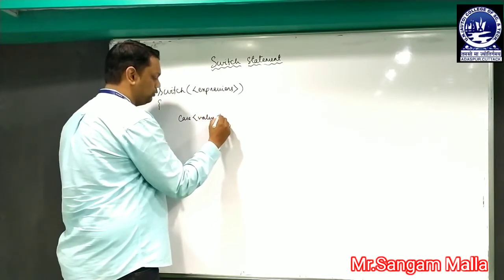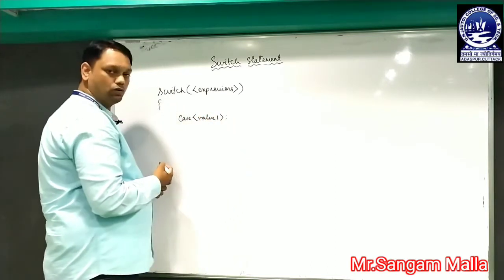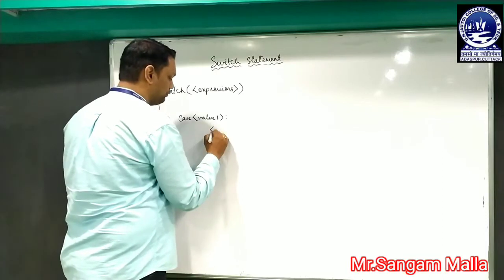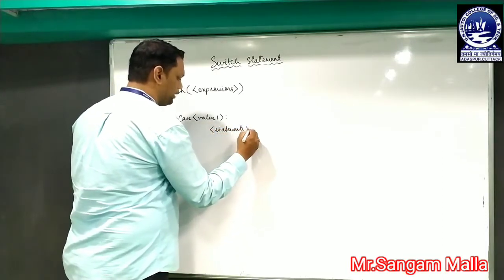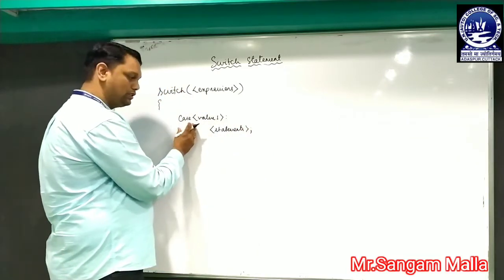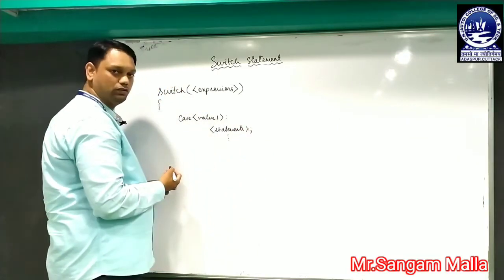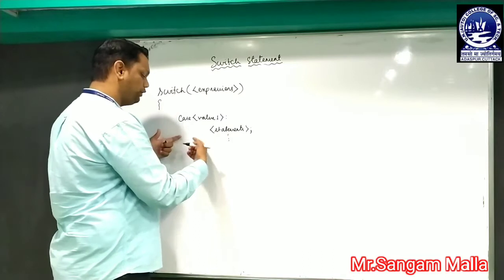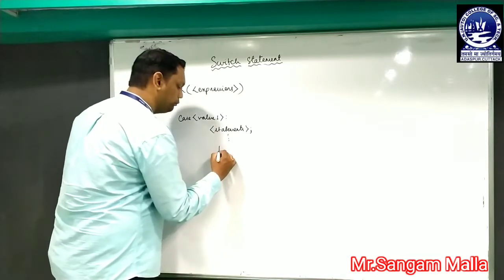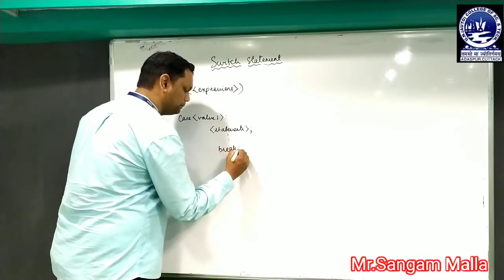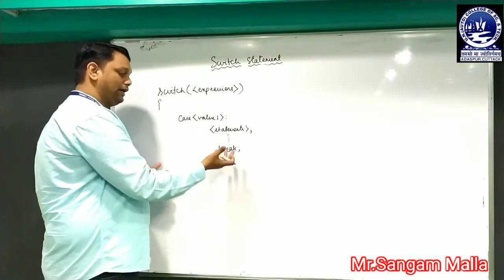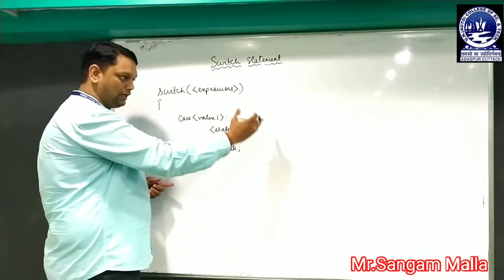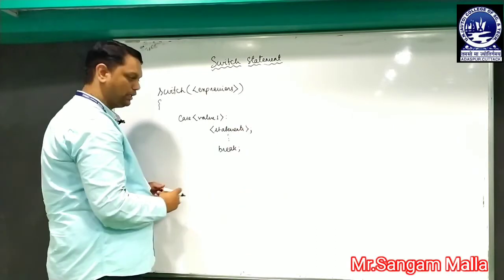Let us say we have value 1, then we give the colon, then we have the statements under a particular case value. Similarly, we can have multiple statements also, and before moving to the next case value we must write the break statement. What the use of the break statement is and why it is used, I will tell you while explaining the example.